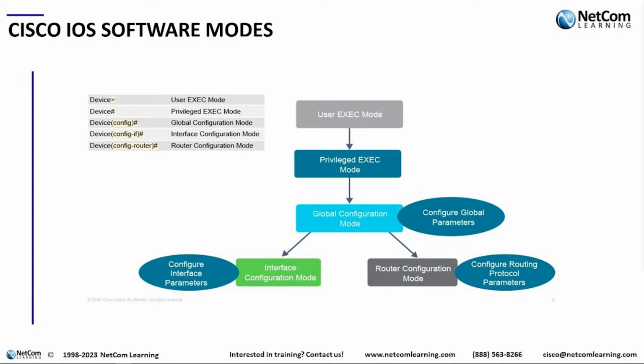So from privileged exec level, you can access all of the command modes. We mentioned those five that include global config, interface config, sub interface config, router configuration, and line configuration mode. And as I referenced a minute ago, to assist you in navigation through the IOS CLI, the command prompt changes to reflect your position within the hierarchy, which allows you to identify where you are at any given moment.